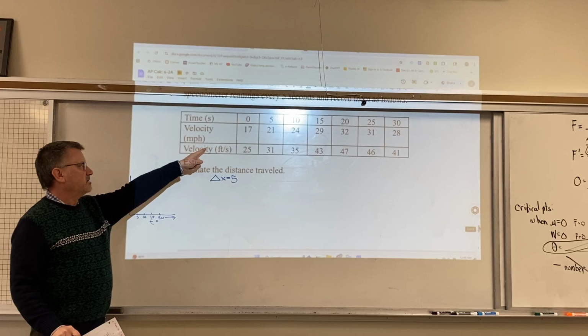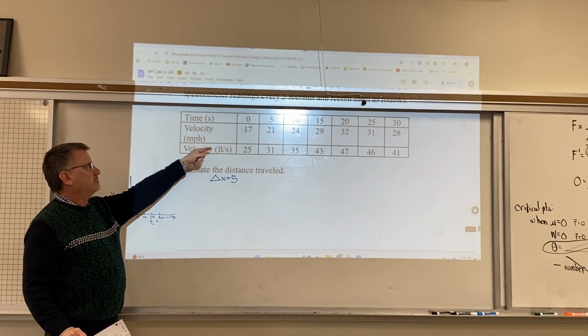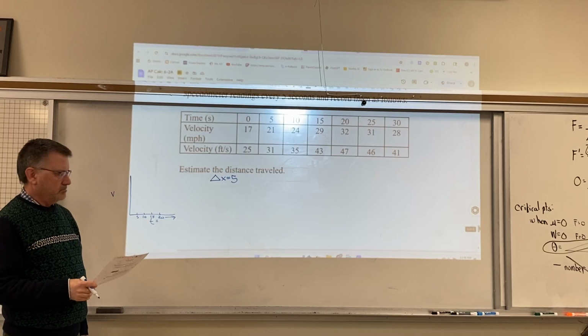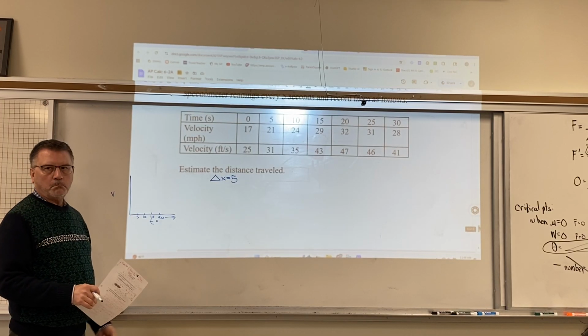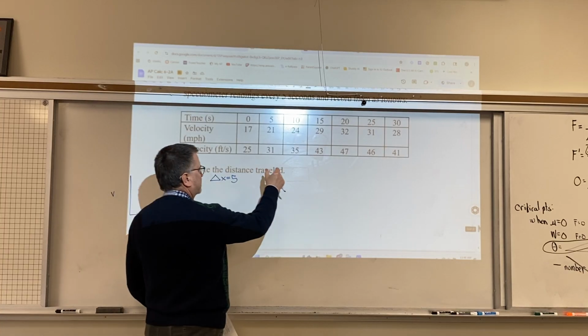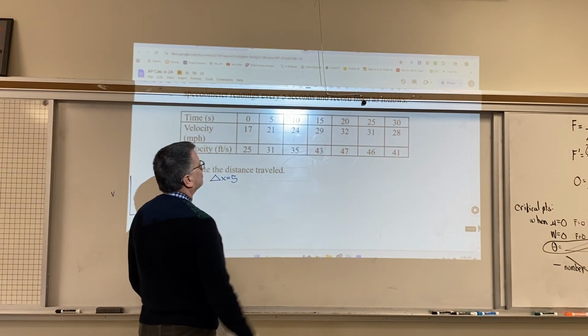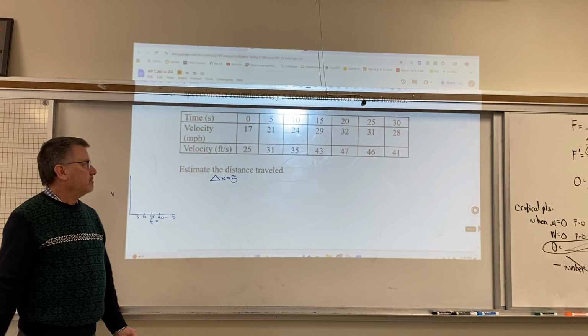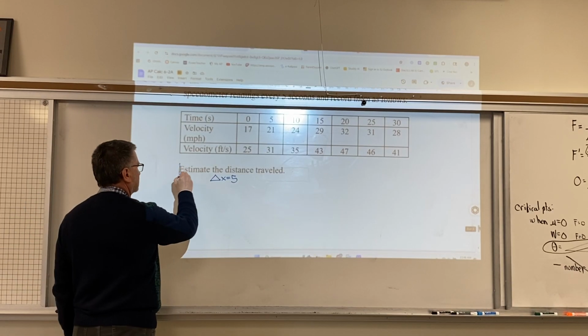And that's why I changed that to feet per second, because I was measuring every second, not every hour. So if I figure this, I can do a rectangle, rectangle, rectangle, rectangle, rectangle. Add them together. I get an estimate, right? An estimate.